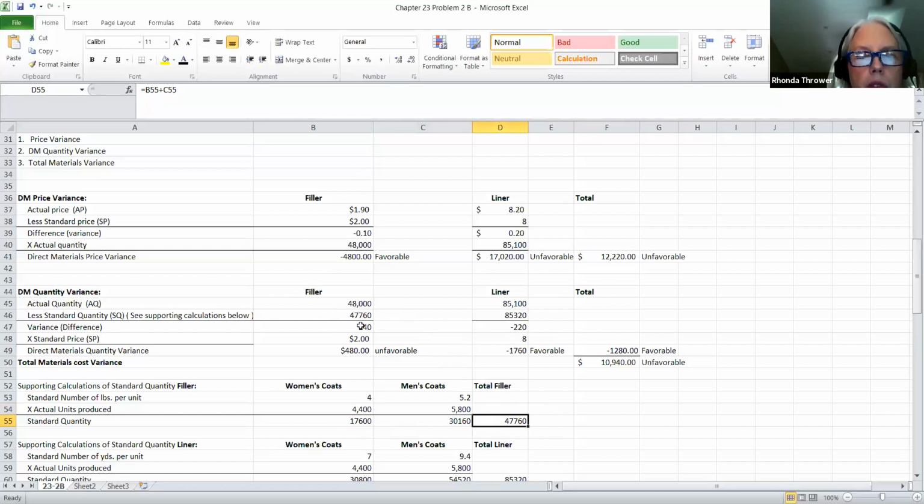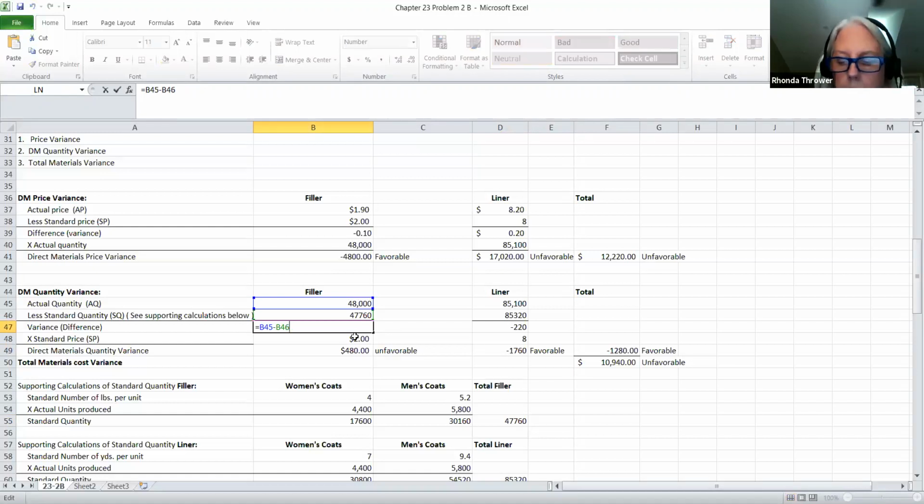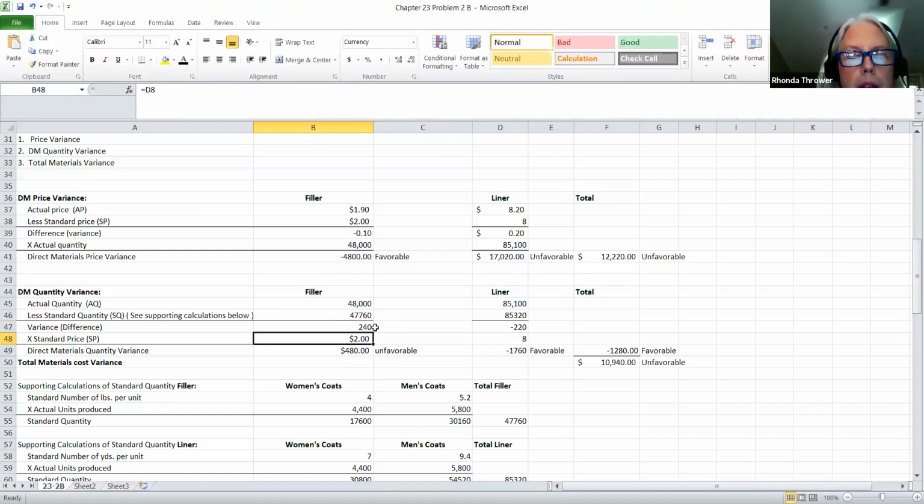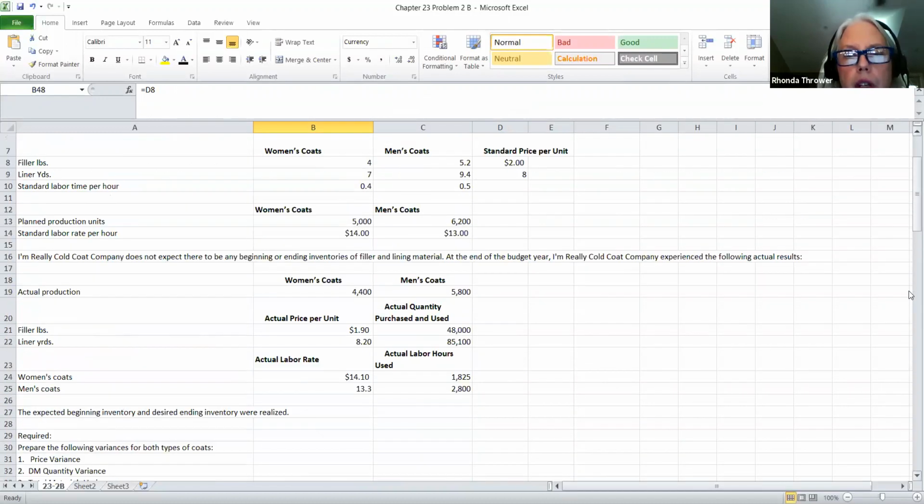So once you have the standard amount for the filler, we would compare that with the actual amount that we used as far as quantity was concerned. And there's a difference of 240, which is unfavorable. We would multiply this 240 times the standard price of $2, which was given.